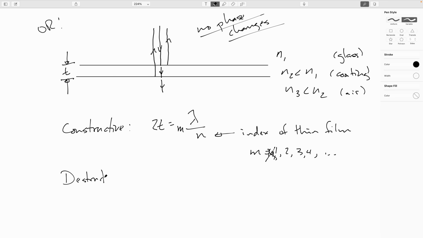In this case here, in order to have, say, a trough meet a crest, I need this round trip distance to be half a wavelength, 1.5, 2.5, 3.5, something like that. So 2t equals m plus a half, lambda over n, because again, it's the wavelength in this film right here. And now here, 0 is totally a possibility, because 0 plus a half is a half.